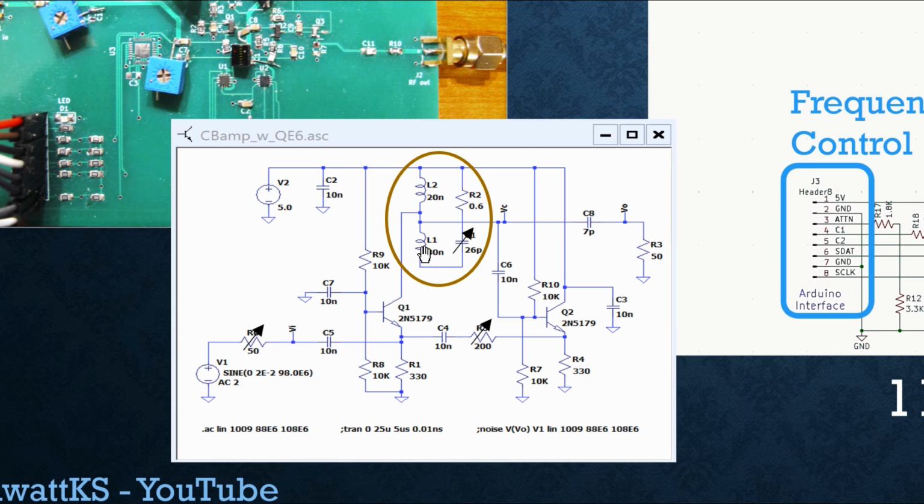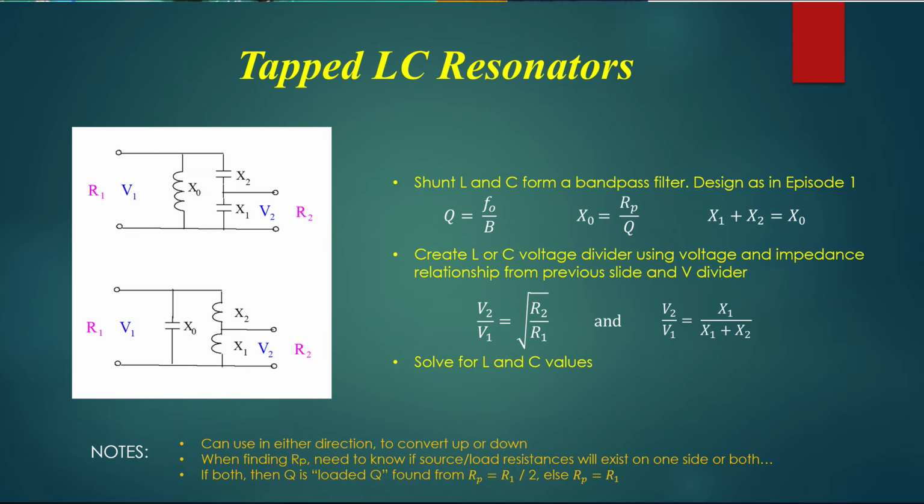All right, but what is going on here with this tuned circuit? It's kind of weird. Well, it's not weird if you just look at L1 in series with L2 and have R3 be 0 ohms. So L1 in series with L2 is in parallel with this capacitor. So it's just a simple LC network. But it is tapped. And way back in Radio Design 101, we did cover this in the impedance matching episode.